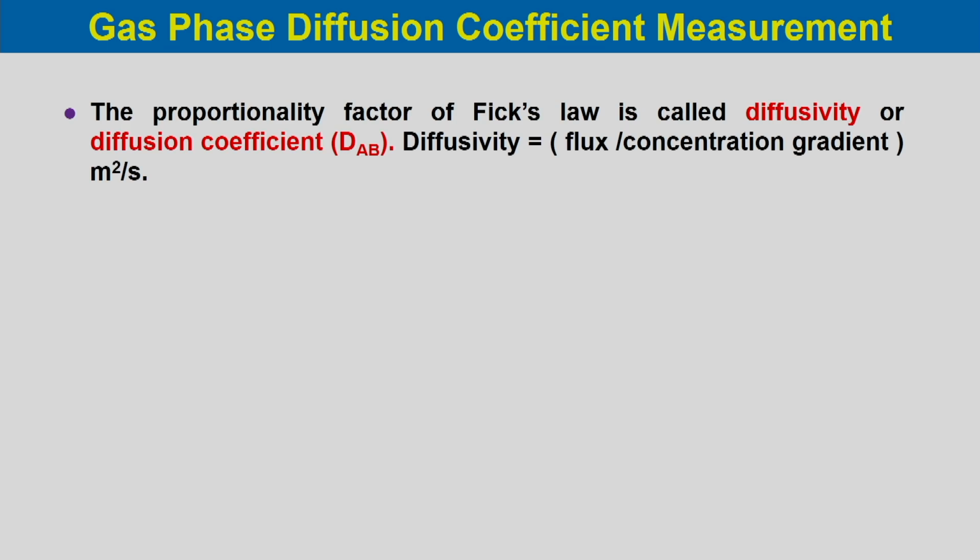The proportionality factor of Fick's law is called diffusivity or diffusion coefficient, which we discussed before while discussing Fick's first law. Diffusivity is equal to flux divided by concentration gradient. If we incorporate the units of flux and concentration gradient, we get the unit of diffusivity, which is meter square per second.